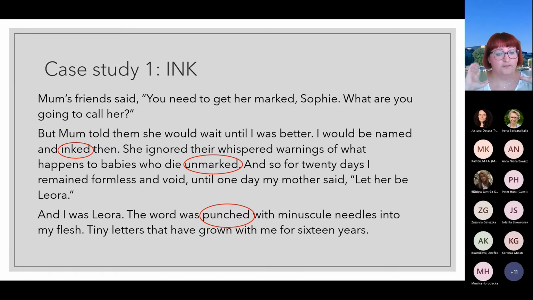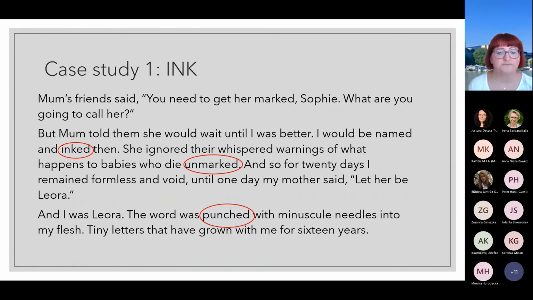So on the one hand, you have in your head, okay, this is what happens with babies. And you might think, what happens with babies who don't have a ceremony? And you might have a belief, if they are not baptized, maybe they don't go to heaven. So you might think about this, but here it's very physical. It's about if the babies are not tattooed, what happens with them? And in the stories, they're not remembered. It's not about going to heaven, but they're not remembered.